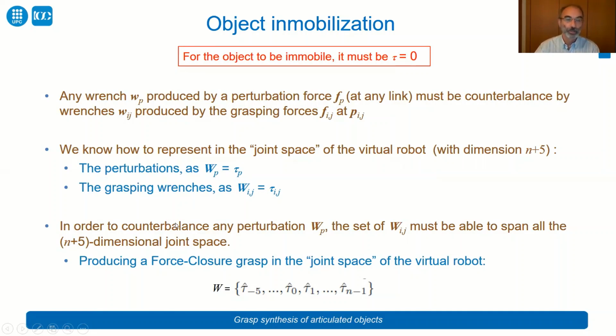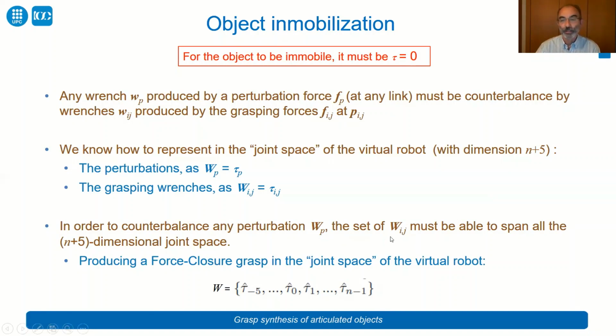So in order to counterbalance any perturbation applied on the articulated object, the set of ranges that have to be applied by the fingers must be able to span all the n+5 dimensional joint space of the whole virtual robot.